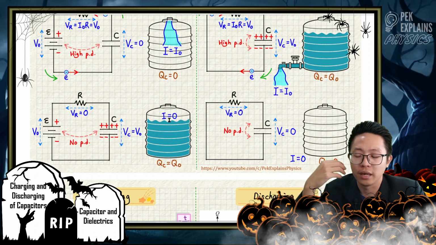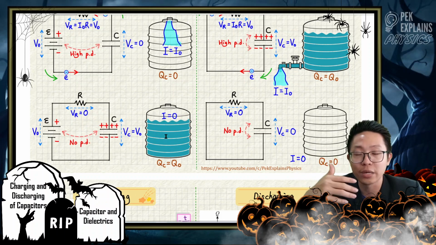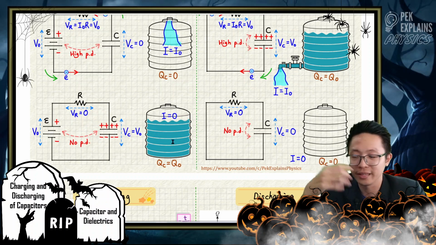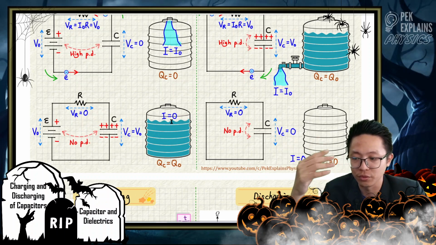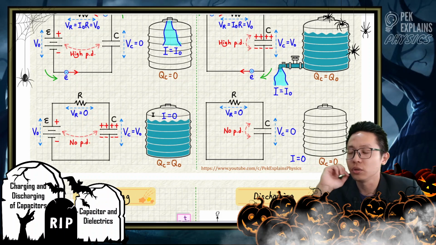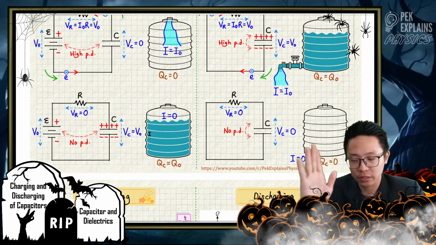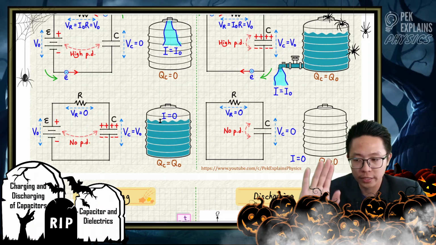It's like the floater has stopped the water from flowing in. If the water were still flowing in, the water tank would spill or overflow, and you would need to repair it. So when the water tank is full, the water stops flowing.